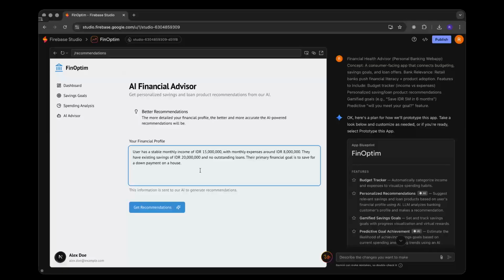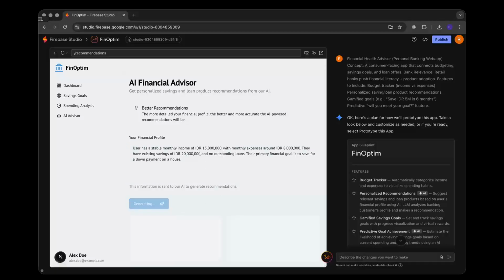But I feel like an AI is not a personal finance advisor, and I feel like there should also be a disclaimer where users should consult with a finance advisor to get better recommendations and a more educated answer. But anyways, let's see what the AI is able to tell the user.